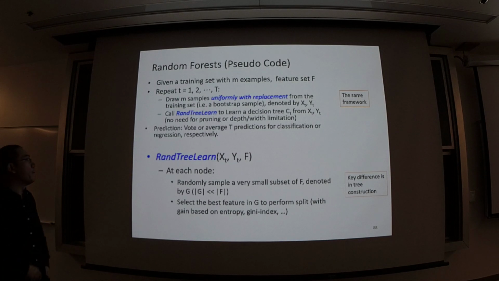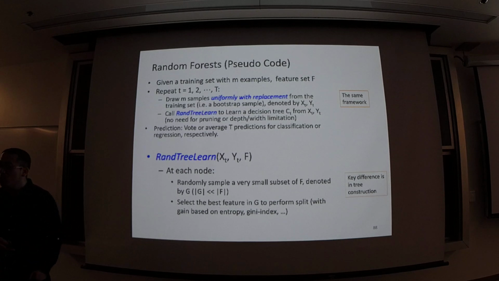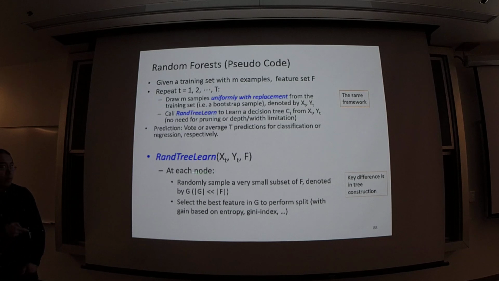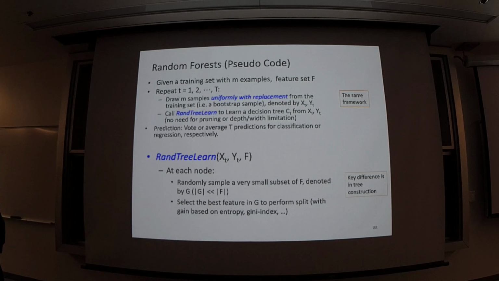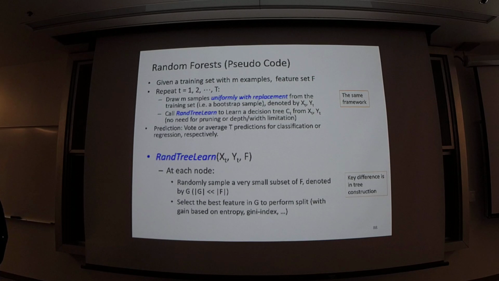So here is the pseudocode to learn a random forest. In our next homework, you're required to implement your own random forest. So be careful of this pseudocode, and especially those details. Given the training set with M examples and feature set F, we should pay attention to the feature set F from which we select features to split the data and construct trees.